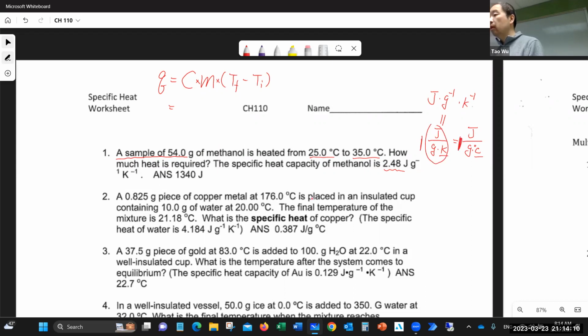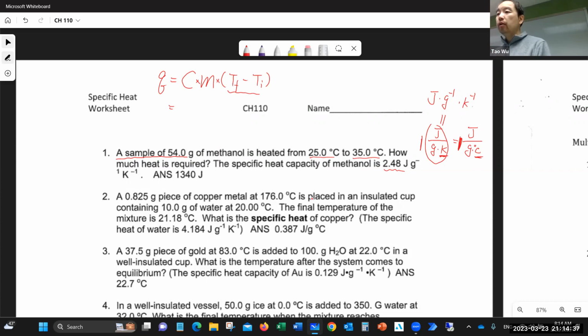The unit is the same, because the Kelvin and the Celsius here talk about a change of temperature. A change of temperature in Kelvin and a change of temperature in Celsius is generally the same thing. An increase of 10 Celsius is equal to an increase of 10 Kelvin.